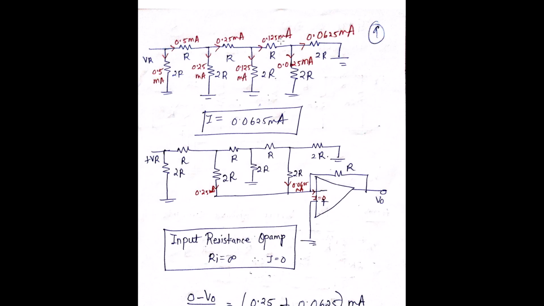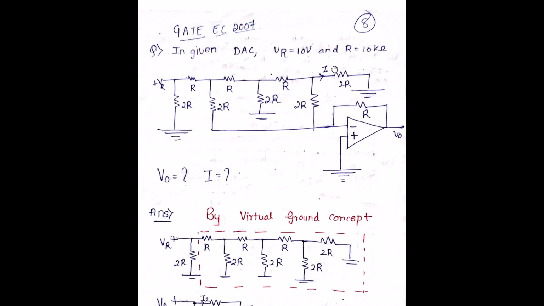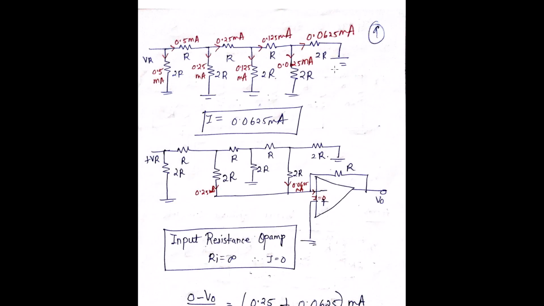Again this 0.125 gets divided by 2 and you get 0.0625 milliampere and 0.0625 milliampere, which is equal to 62.5 microampere. So the current I mentioned over here is equal to 62.5 microampere. I hope I am very clear with this.